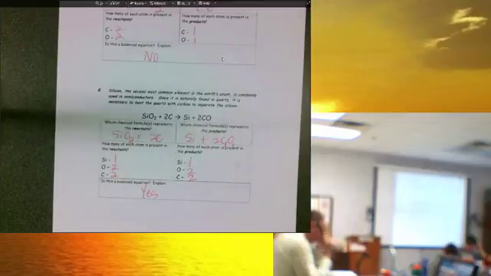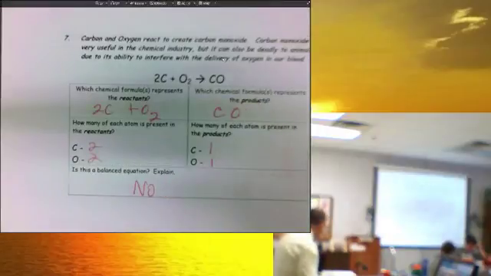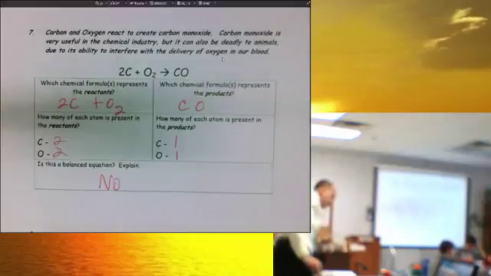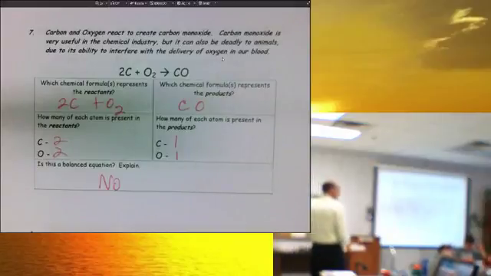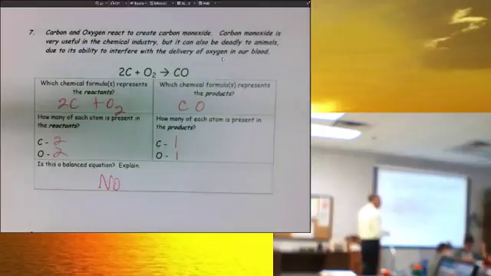Okay, that one was practice. Today we're going to find out when they say no, how you make them say yes. So everybody turn to number 7. We need to make this say yes, it is balanced. Any unbalanced chemical equation must be balanced. Otherwise it does not follow the law of conservation of mass.